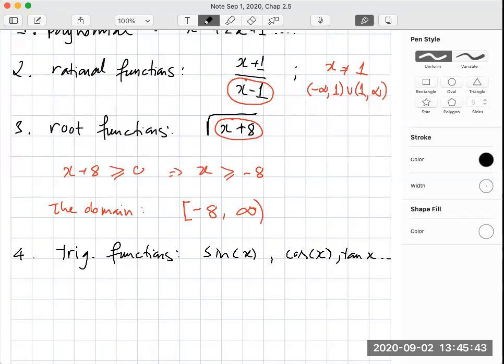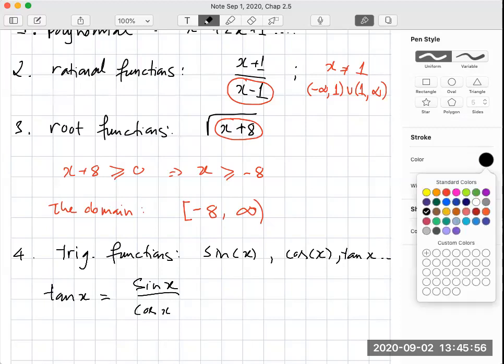So it is defined when cosine of x is not 0, right?